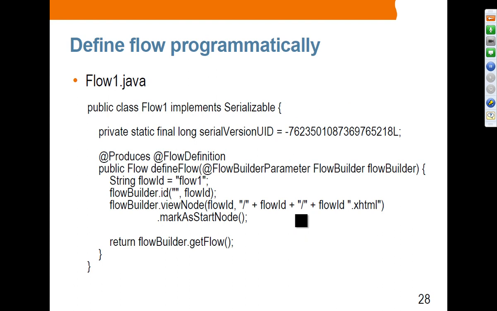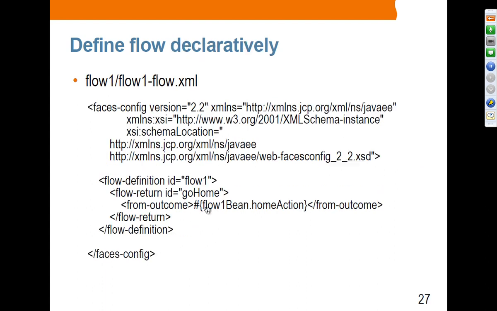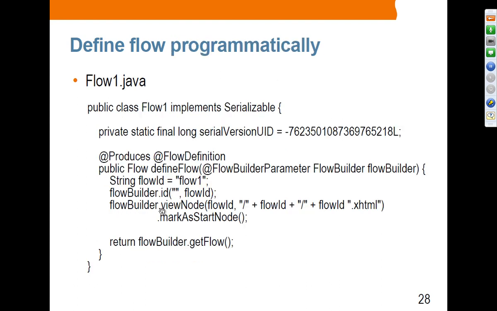This is the way that you define a flow definition programmatically. You can see this is reflecting exactly the same flow ID and the view node. It looks like it doesn't actually define the return case. That's something that we're going to do, and finally, you're going to call the go flow.